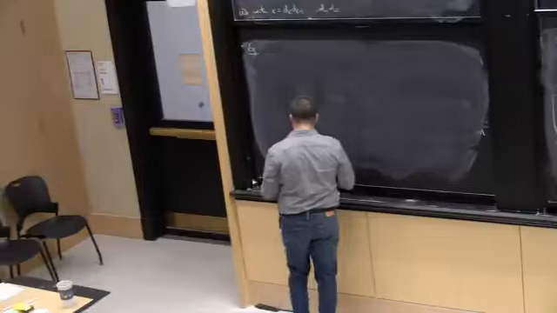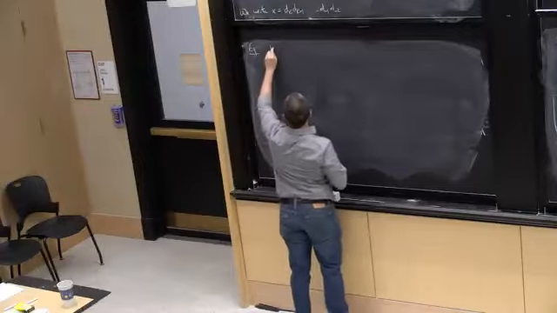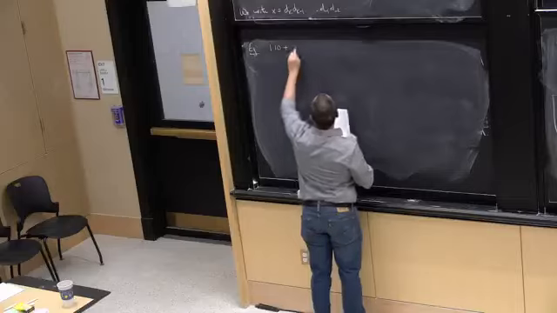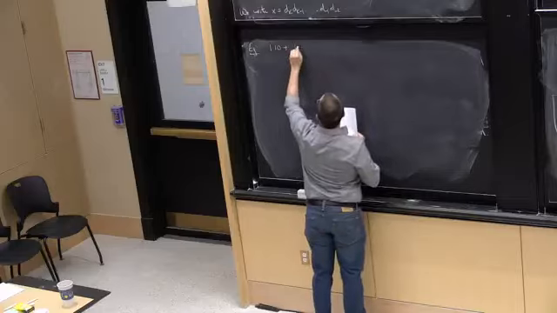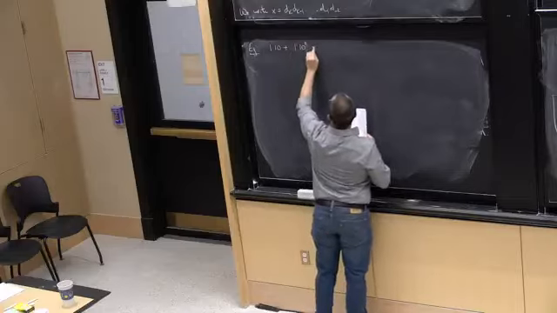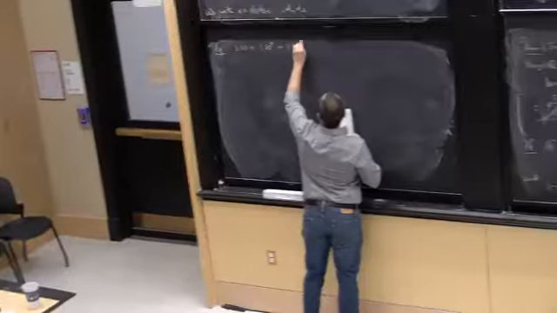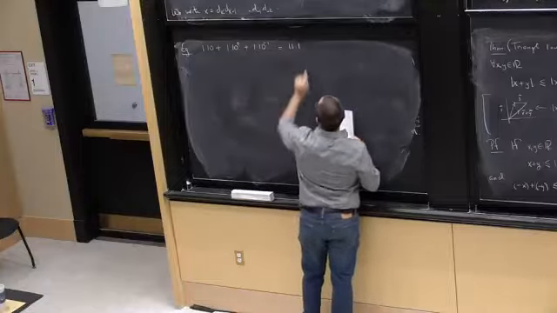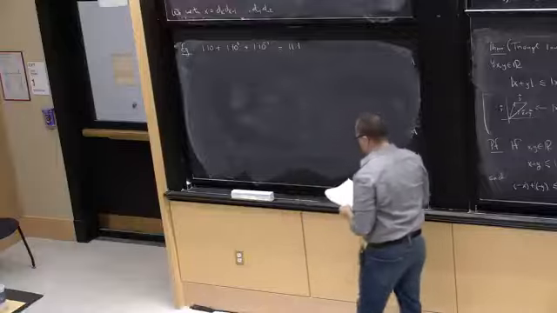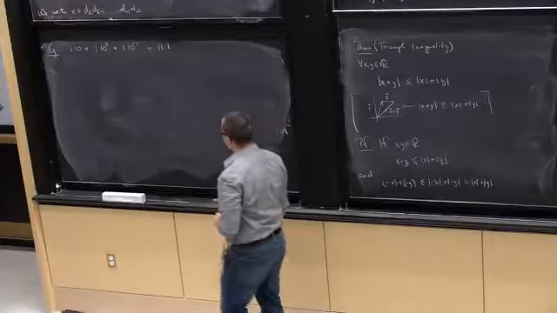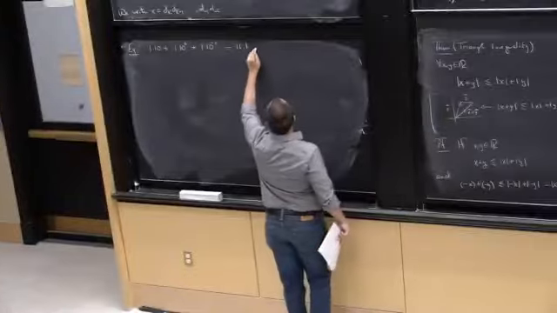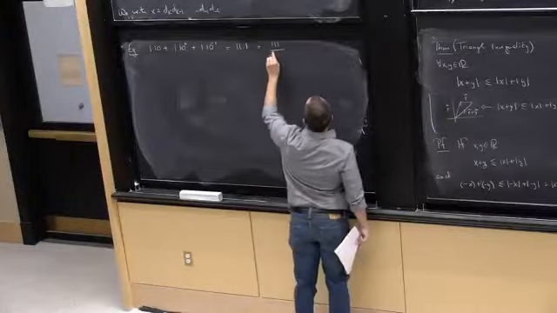So, for example, 1 times 10 plus 1 times 10 to the 0 plus 1 times 10 to the minus 1, right? This is supposed to represent the number 11.1. Okay? Which is a rational number.